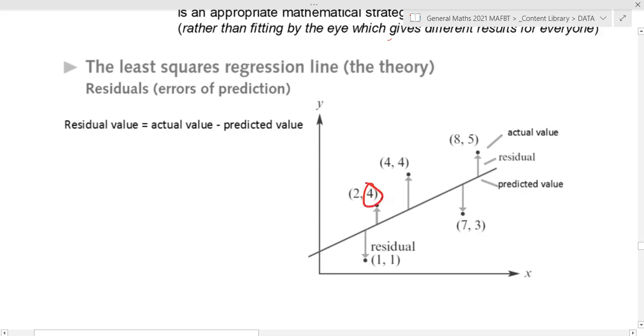So if the actual point is 4, and perhaps on the line here this might be 3, it's going to be 4 take away 3, the predicted value, which is on the line, 4 take away 3 equals 1. So that means the space between where the point is, of 4, and the predicted line there, is 1. There's a space of 1. The residual is 1.